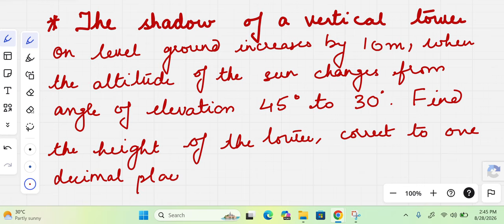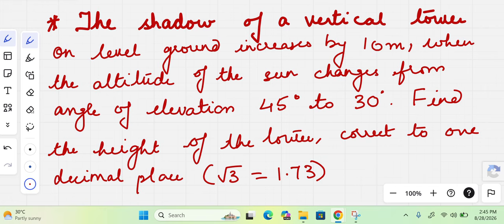And in some questions, in the bracket, they will give you the value of root 3 and all. That means you are supposed to substitute the value and then find the final answer. Please try to do it fast.